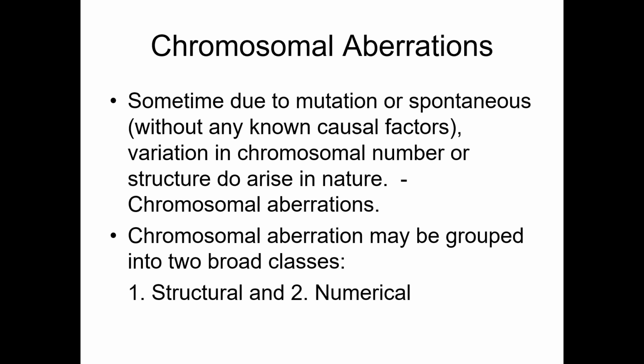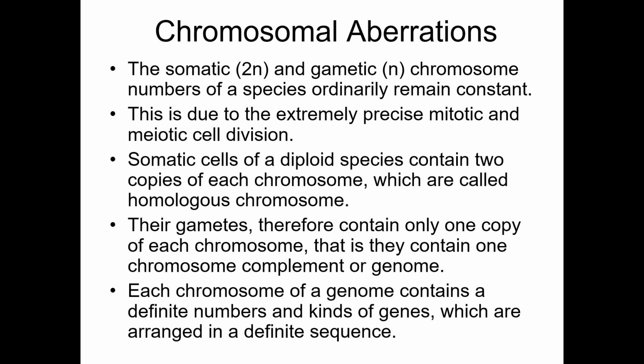See, the chromosome number should be constant, and even variation in the chromosomal structure should not happen, because there is a definite number and kinds of genes arranged in a definite sequence on a chromosome, remember.